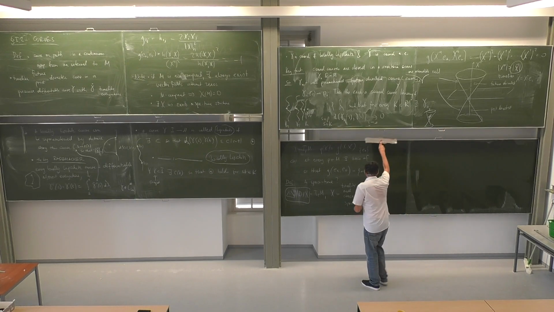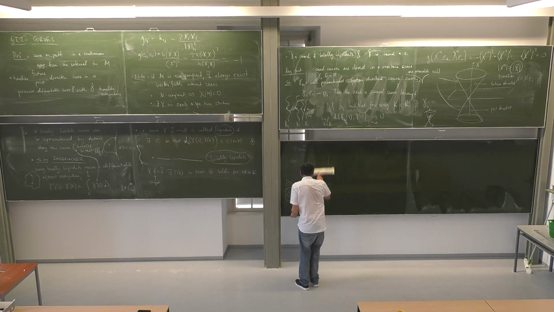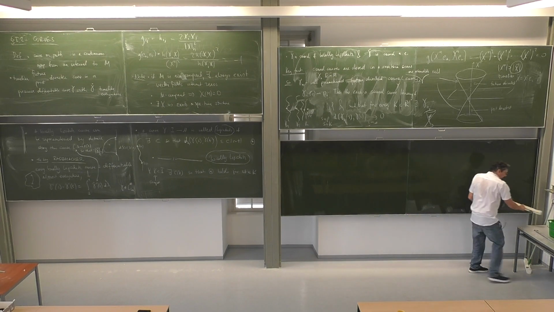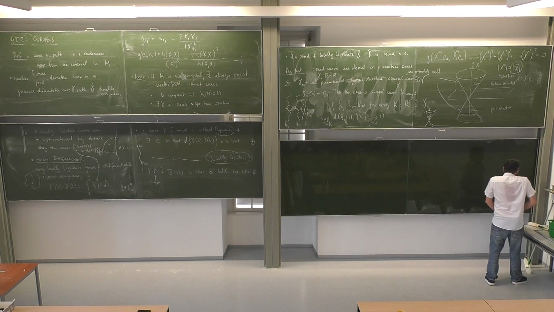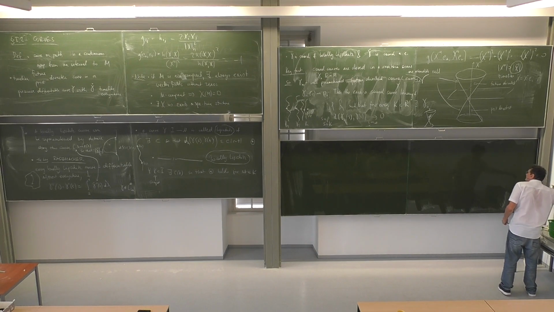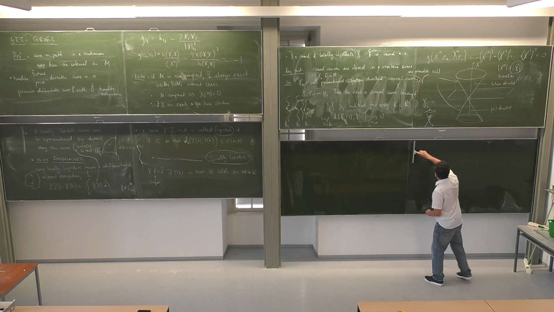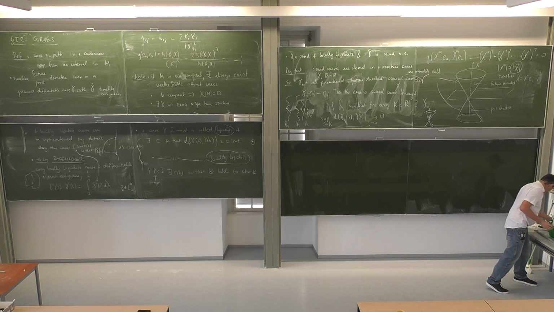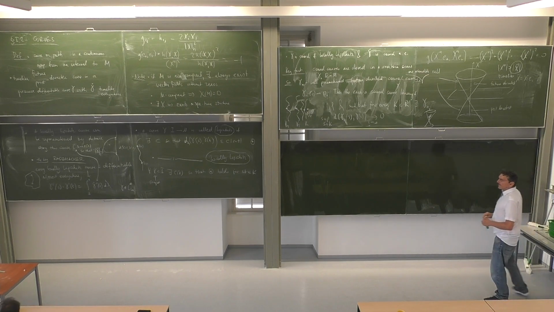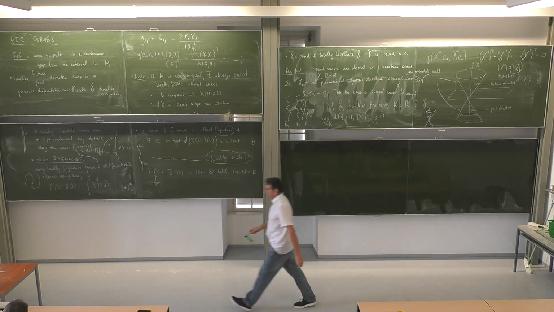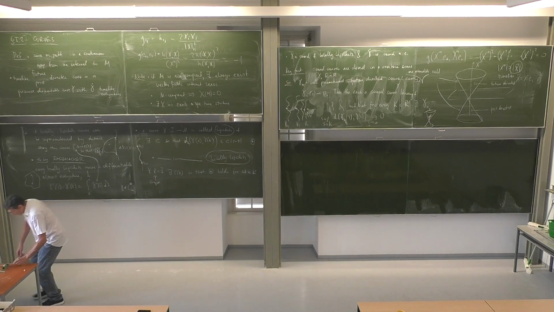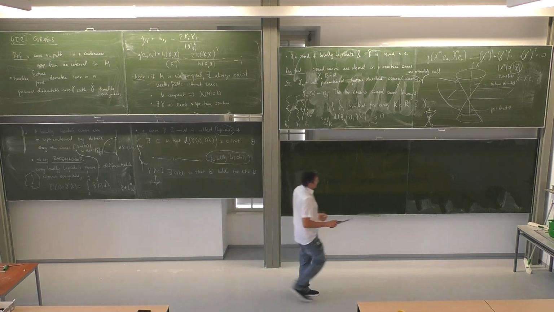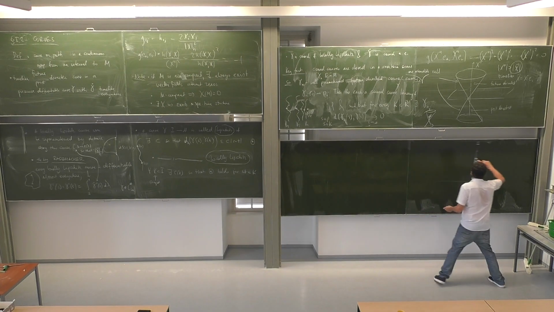So this is the main tool to play with when you're talking about causality. Now we can define chronological futures and chronological pasts, and start thinking about their properties.